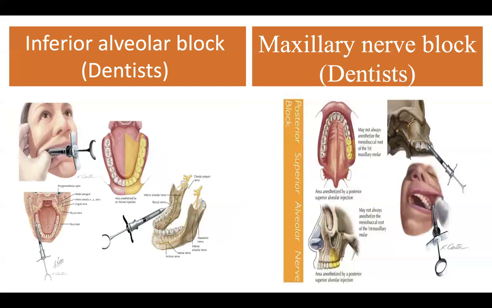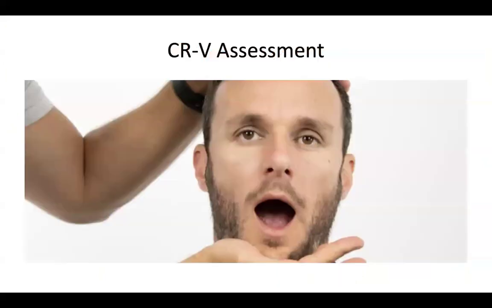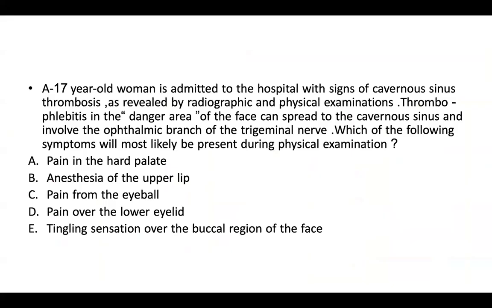We can block these nerves during extraction of the upper or lower teeth through an inferior alveolar or superior alveolar block. This is how to assess the motor function of the trigeminal by asking the patient to open, as we see here, to assess the lateral pterygoid against resistance.